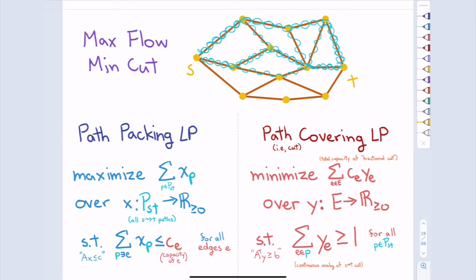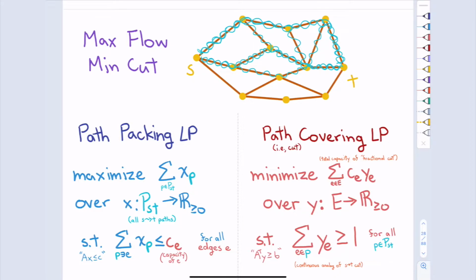Now the dual. What the A transpose is doing is, if X packs into Y, then you're going to get Y covering X, because you're just rotating things. So if we're packing paths into edges, we're now going to be using edges to cover paths, which we already know.